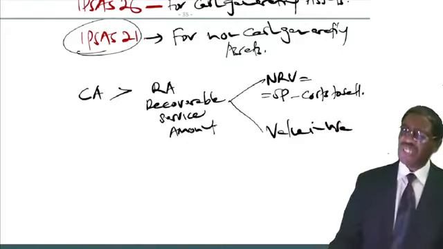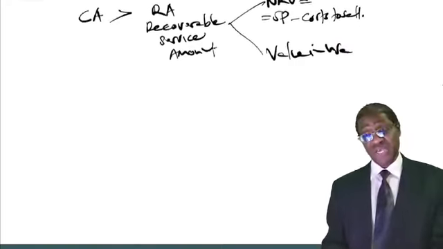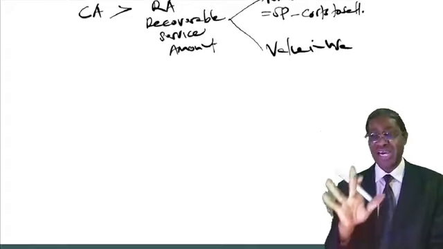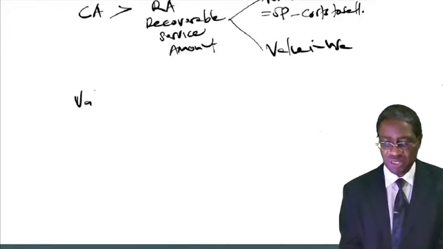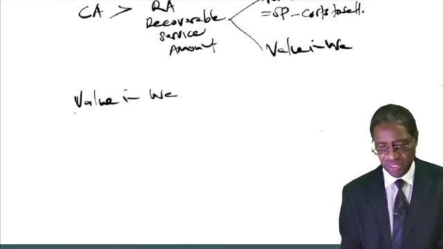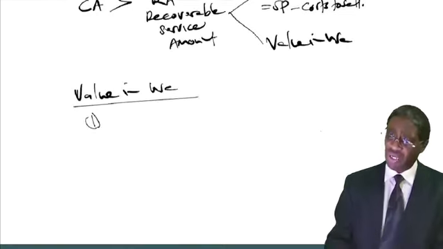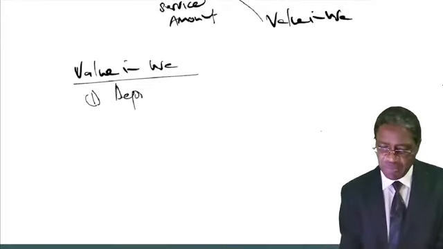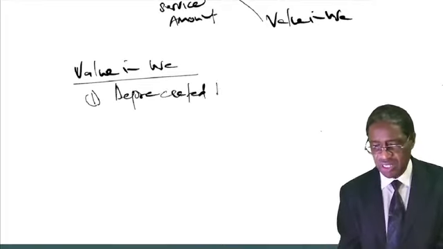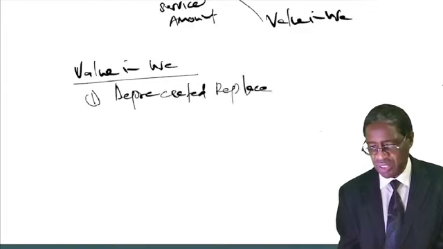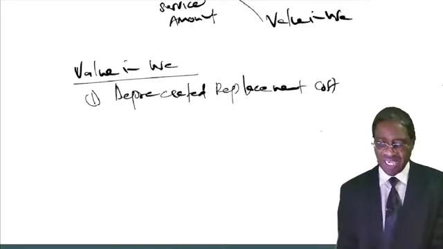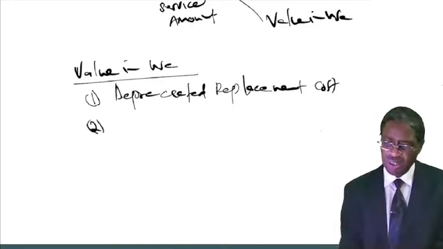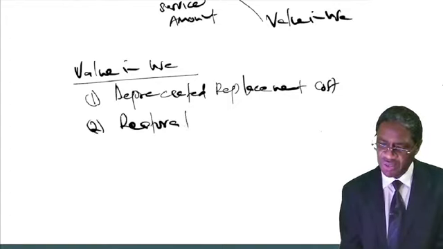According to this accounting standard, there are three methods of computing the value in use. One method is what we shall be calling the depreciated replacement cost method. The second method is the restoration cost method.